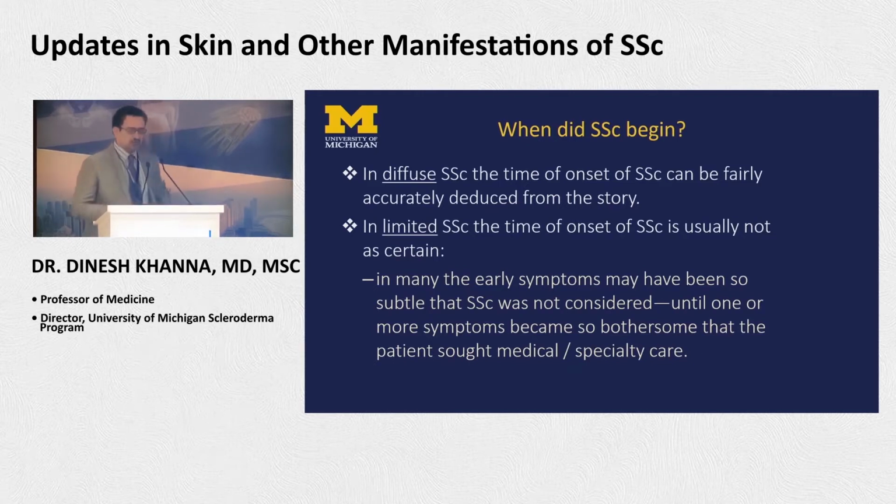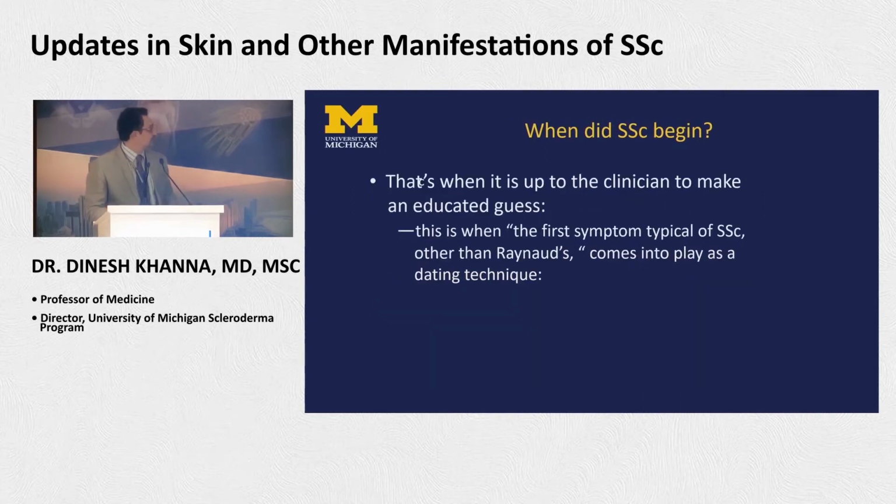So it's very important to define when a disease started, because I told you ILD, lung involvement, cardiomyopathy, renal crisis are early complications. Therefore, the time starts when they start with symptoms of scleroderma, not at the time of the diagnosis.